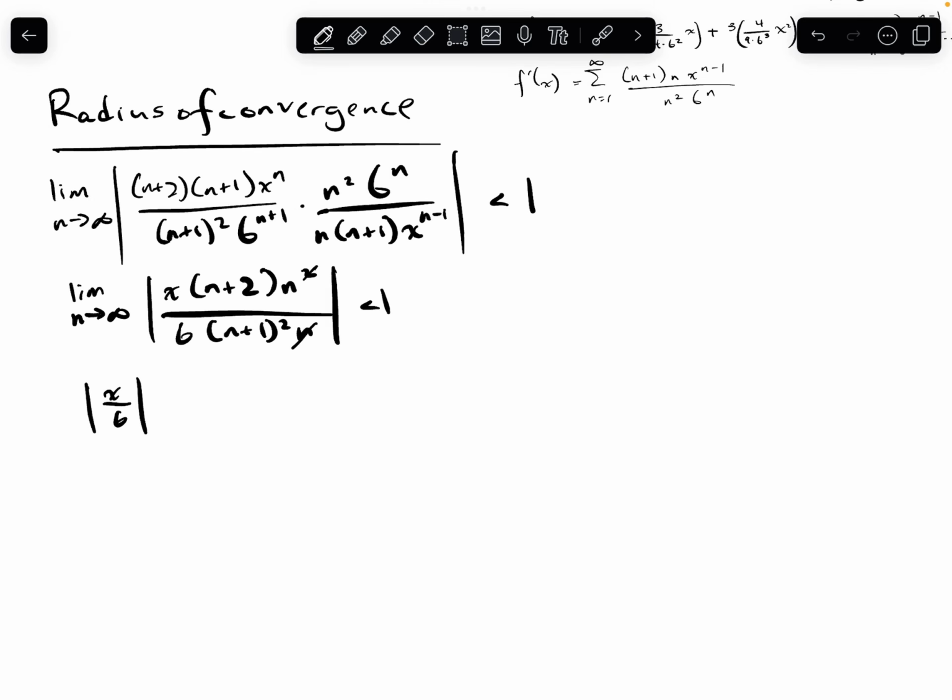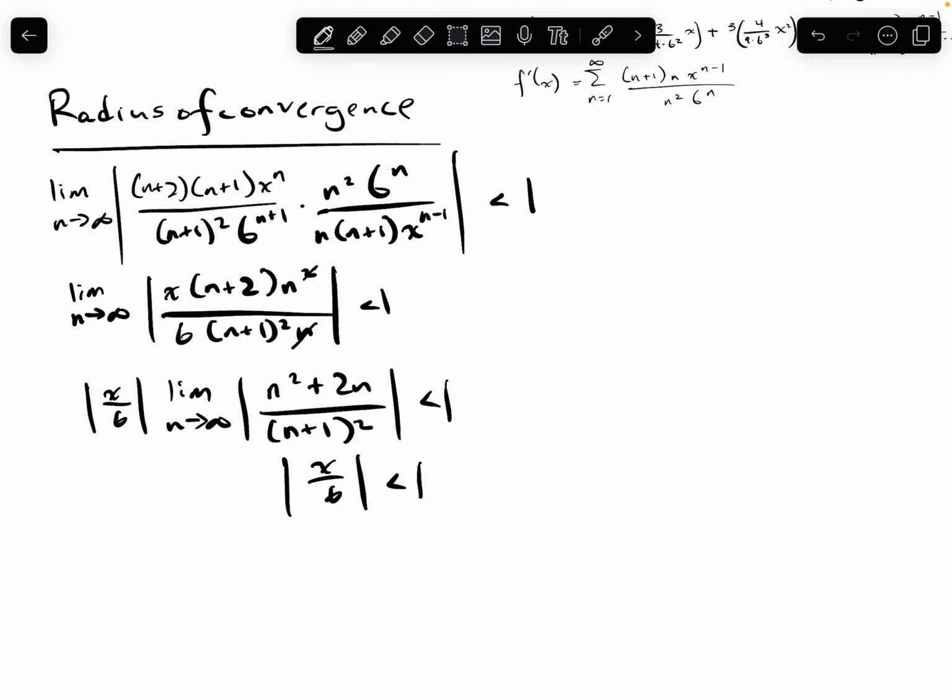Remember, we can factor that outside because it's not affected by taking the limit as n approaches infinity. So we have n squared plus 2n all over (n plus 1) squared. Well, what's the limit of all of this as n approaches infinity? That's just going to be 1, right? The highest degree in the numerator and the denominator are the same, and the leading coefficient is 1. So we really just have the absolute value of x over 6, which is less than 1.